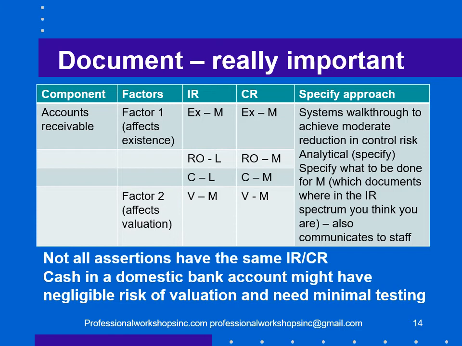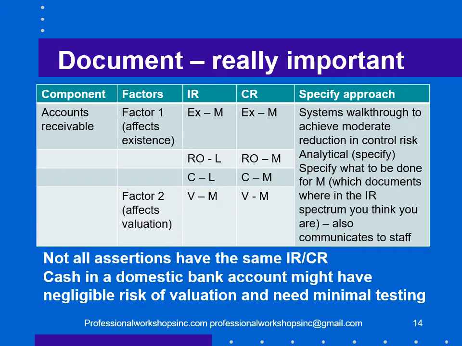Substantive procedures tend not to. Substantive procedures tend to address a single assertion. Confirmation of accounts receivable affects the assertion of existence, not the assertion of valuation. So if you're worried about valuation, sending out confirmations won't help.